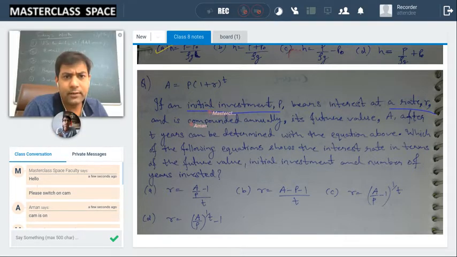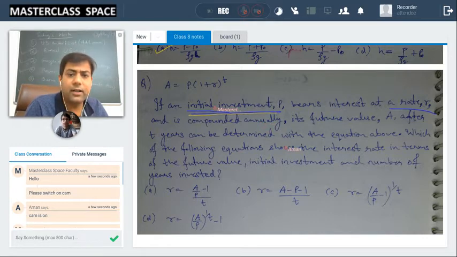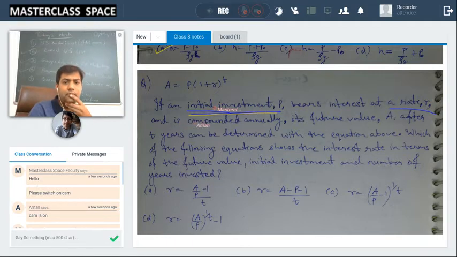Like initial investment P. Let me change the color. Can you just see if you can underline? Okay, rate R, and it's compounded annually, so that's important.